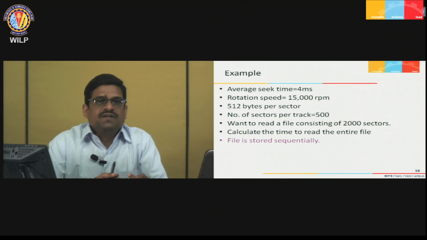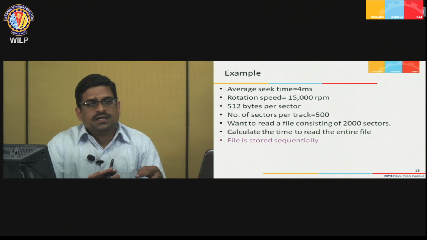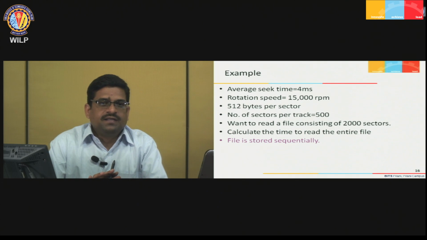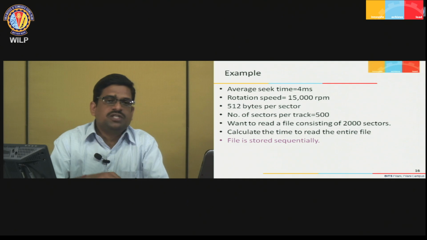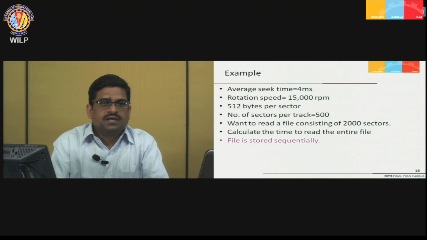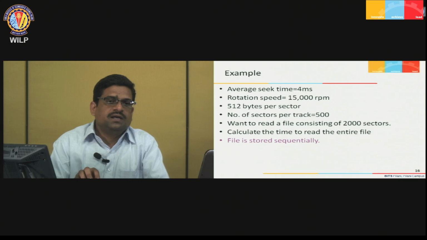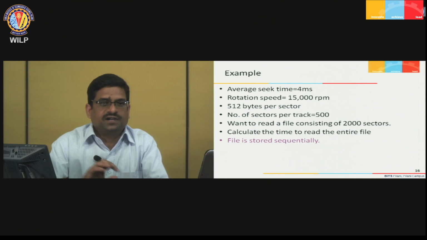Now the time will depend upon how this file is stored, how the sectors are located on the disk, whether the file is stored sequentially or its portions are in chunks of 512 bytes on different sectors or different tracks.